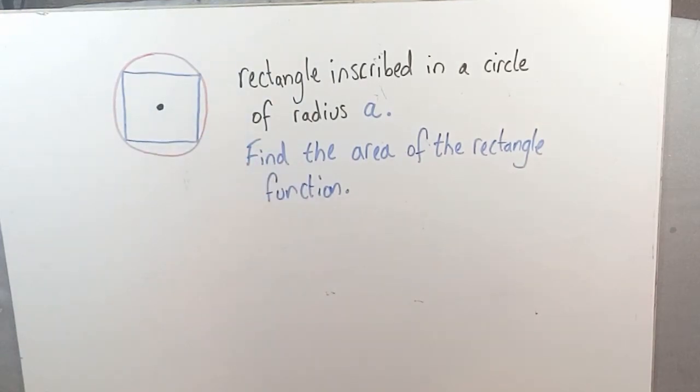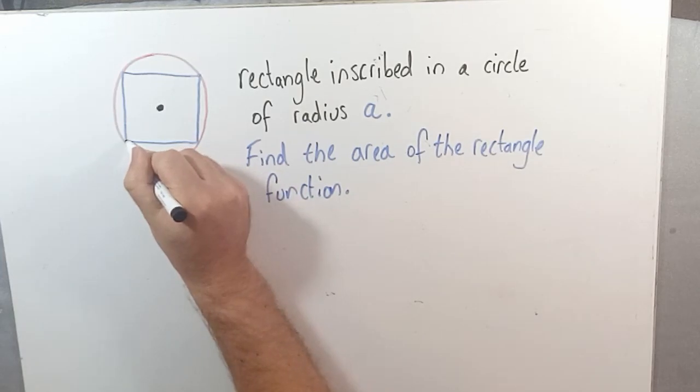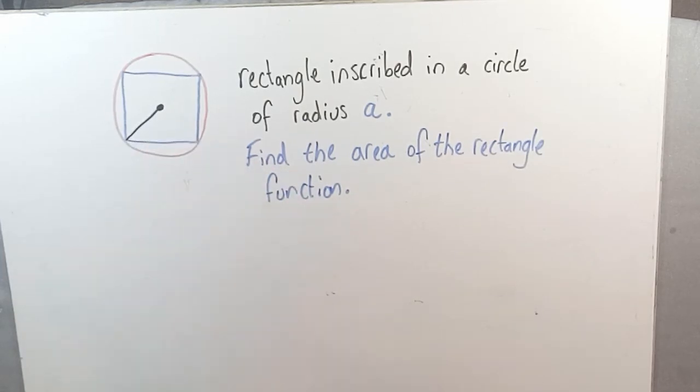So if I start at the center, how do I go to the edge of the circle and still be touching the rectangle? Well, the only place to do that is in the corners. So I can pick a corner. All right, so we've got this. This is length a.